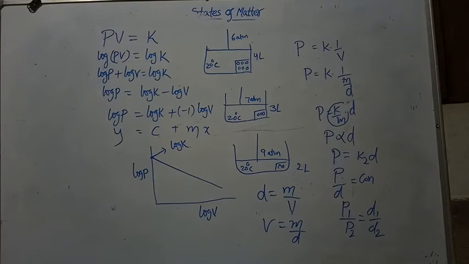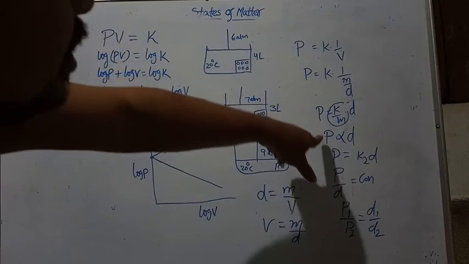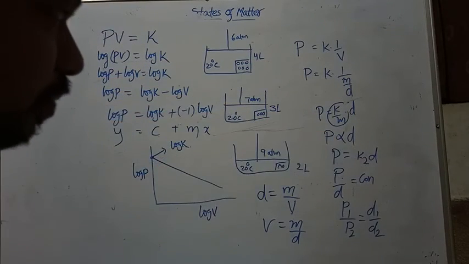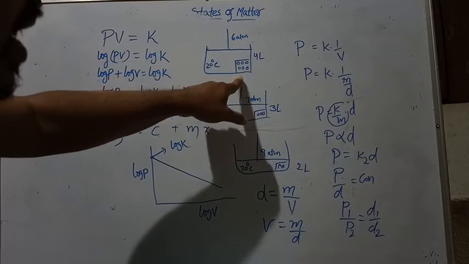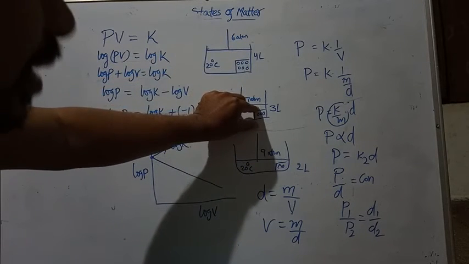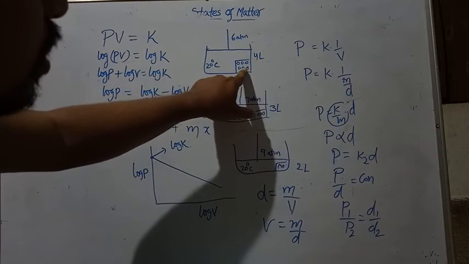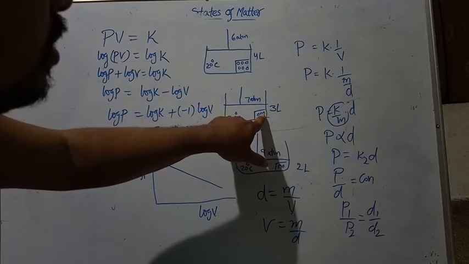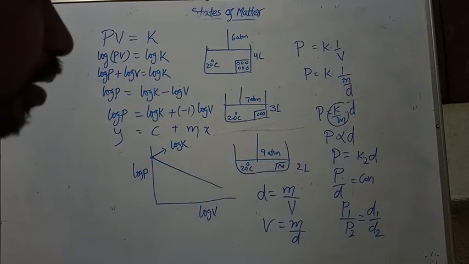So if you see, whenever pressure increases, what happens to density? Increases. Why? Because if you are increasing the pressure, per ml the number of molecules, what happens? Decreases. Okay. So at 4 liters 6 molecules are there, at 3 liters 3 molecules are there, at 2 liters 2 molecules are there.